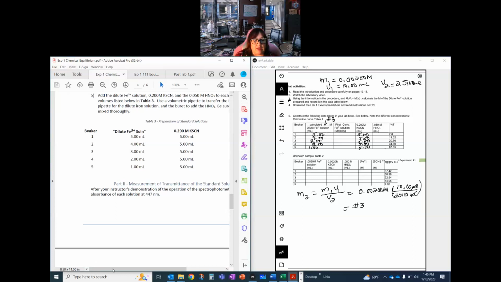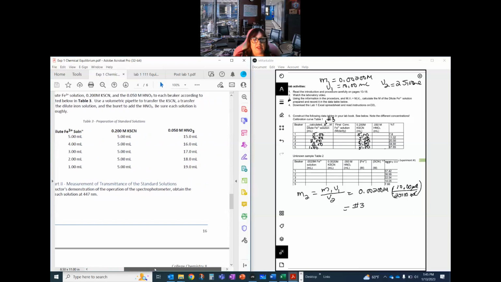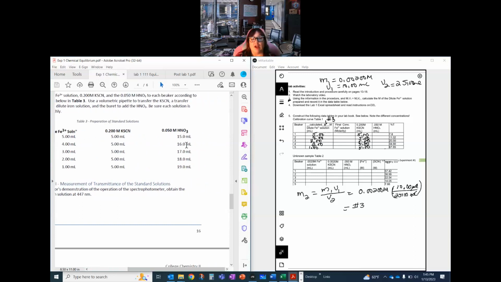In order for me to do that, I'm going to need to slide over a little bit. I see that this last column is the 0.05 molar HNO3, which is exactly what this column right here says. So this is 15 milliliters. The next one is 16 milliliters. Then we have 17 milliliters, 18 milliliters, and 19 milliliters.